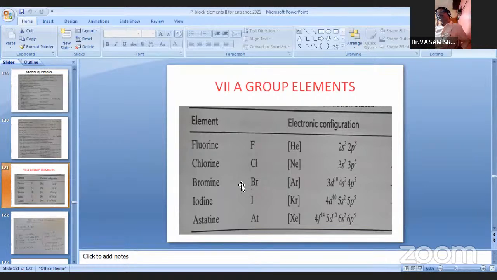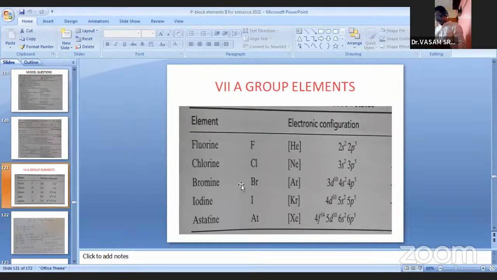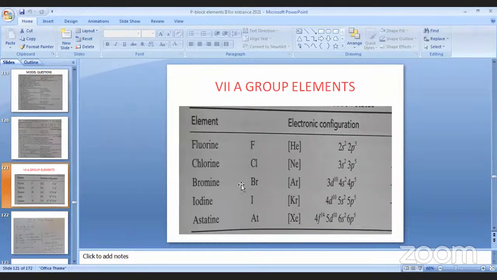Any idea? Does anyone know? What is the reason? Near to the noble gases, sir. Okay, no, not the correct answer.